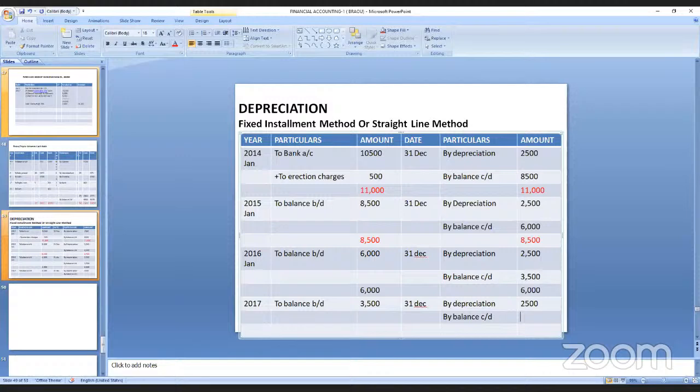Here you see: find out the amount of depreciation to be charged every year and show how the plant account would appear for 4 years, assuming that it was sold away in the last year. They have sold it for how much? For 850. Understood?